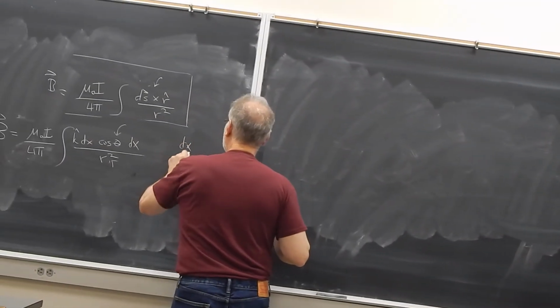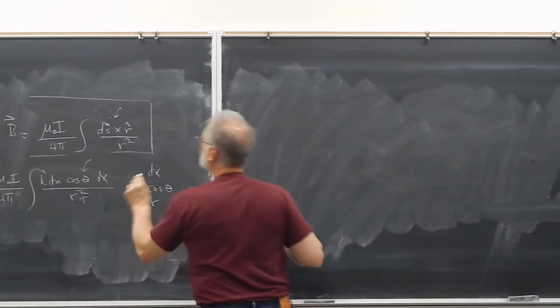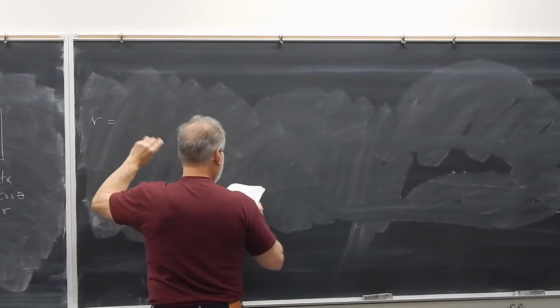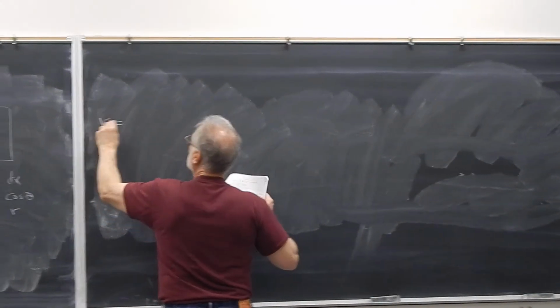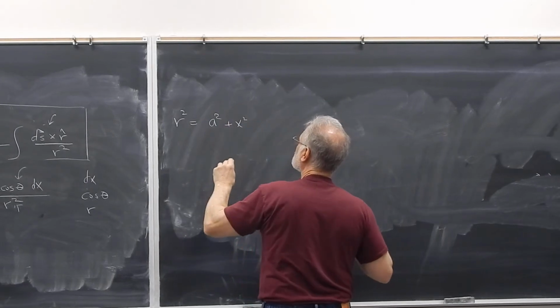And so we're going to do that in this way. We've got three variables. We have dx, we have cosine theta, and we have R. I can write R squared as A squared plus X squared.